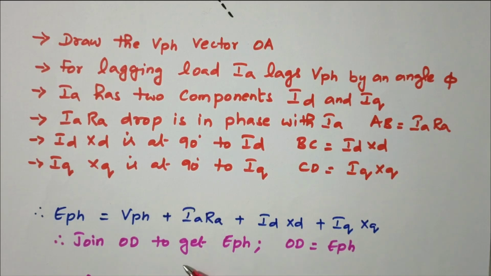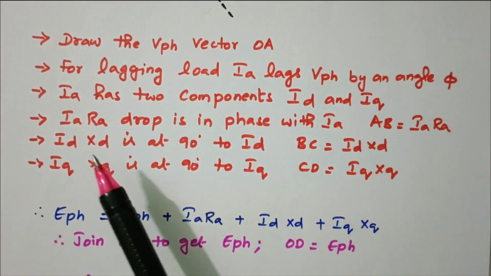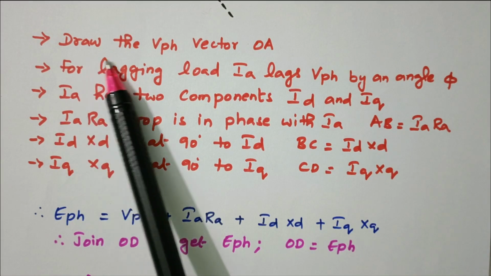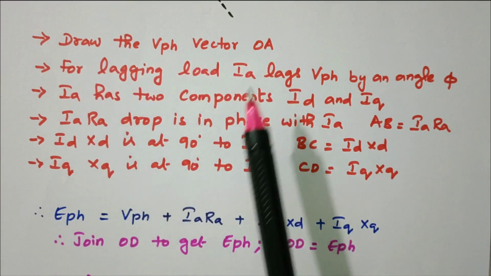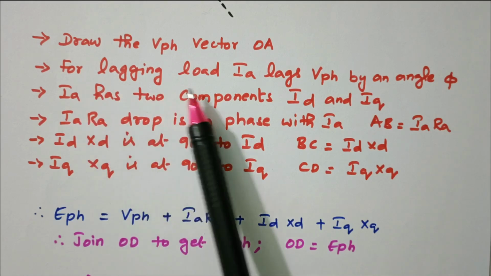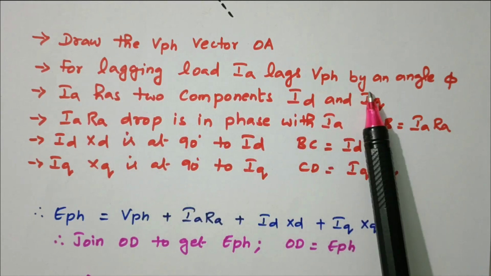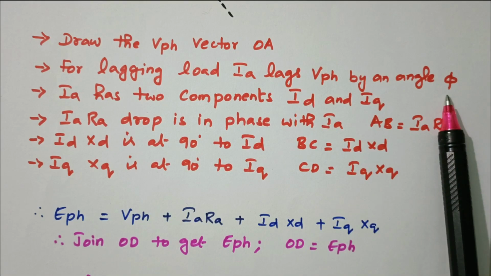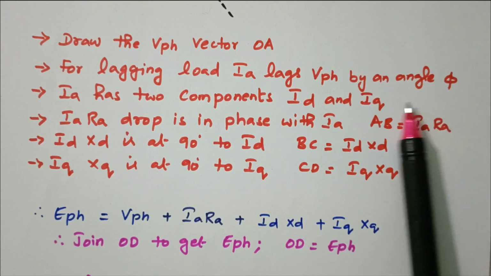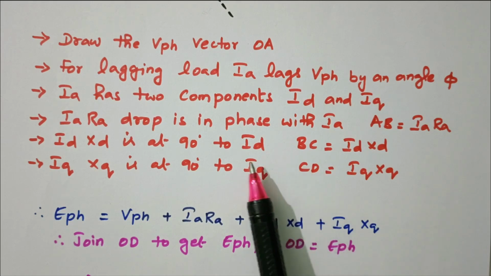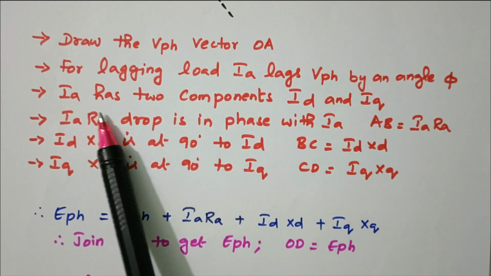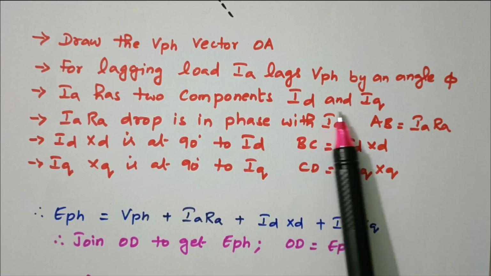Now we'll see the detailed procedure of how to draw this phasor diagram. Draw the V phase vector OA. For a lagging load, Ia lags Vp by an angle psi. What we discussed earlier, the description and procedure are available. Ia has two components, Id and Iq.